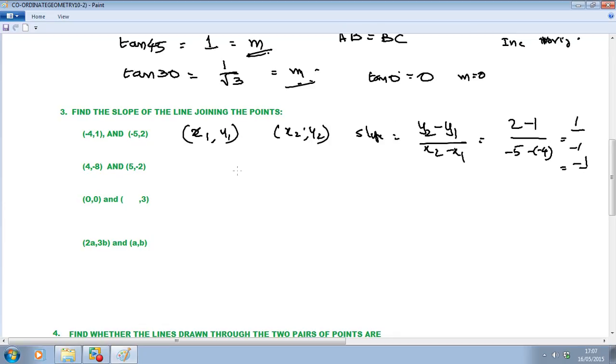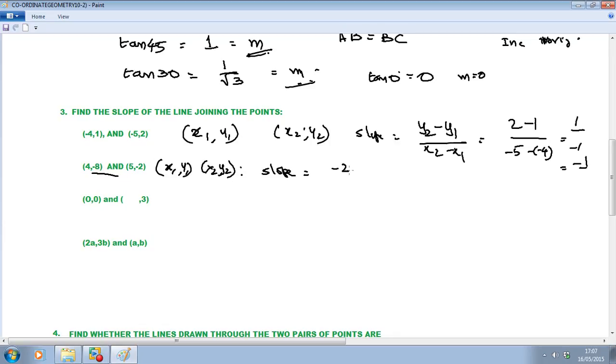So we can represent the slope by m. Next problem. The first point is represented by x1, y1. The next point is represented by x2, y2. And slope is equal to, we'll say, first y2 minus y1. y2 is minus 2 minus y1. y1 is minus 8.